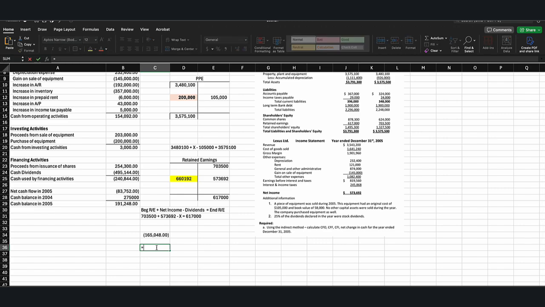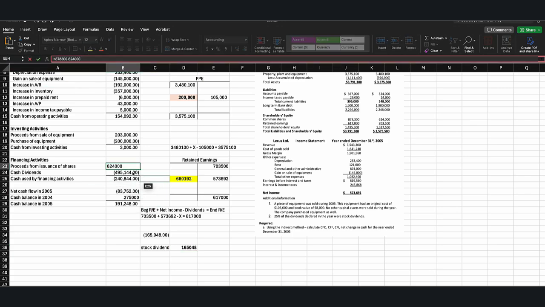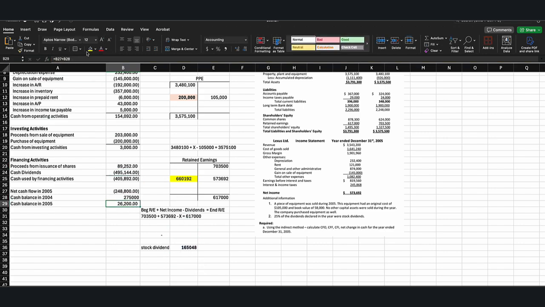So if I just do the math here, what was the stock dividend? The stock dividend was this number times 25%, 165. So $165,000 of those shares were actually not issued for cash. And so I have to take this number now, which was the difference, and remove from it 165,048. Boom. Now we balance. So just be careful there.